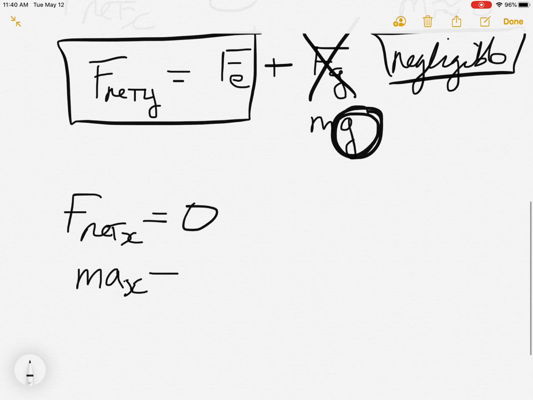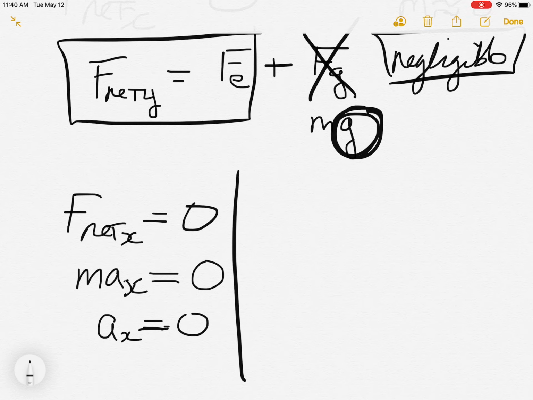Okay, well, if the F net x is 0, remember, if F net x is 0, then MA in the x direction is equal to 0. And of course, that means that AX has to be 0 no matter what the mass is. So that's how you get the first part of part A. The AX is equal to 0.